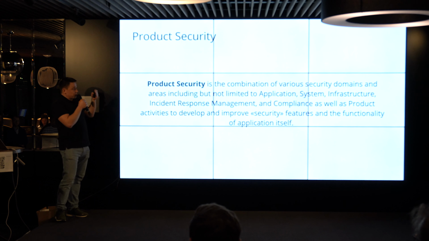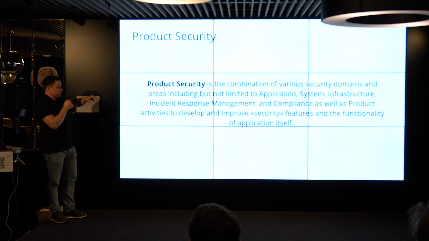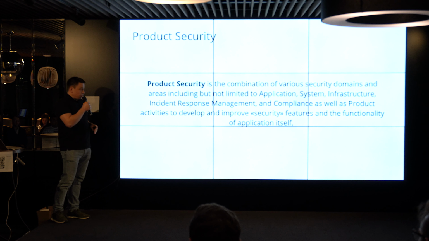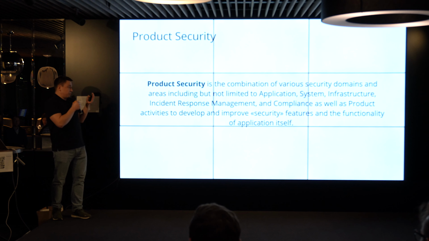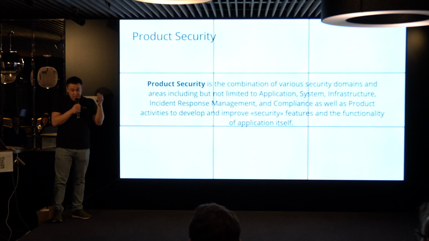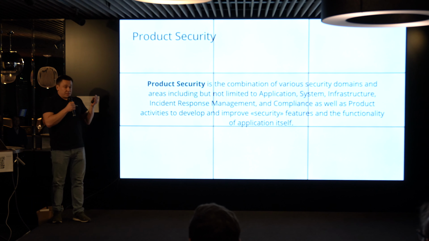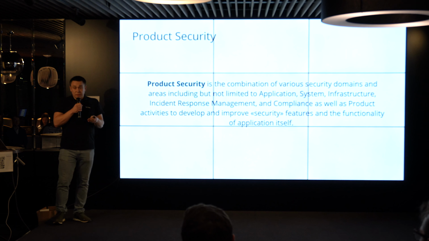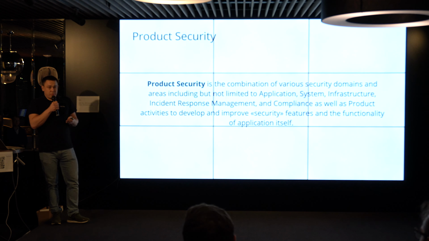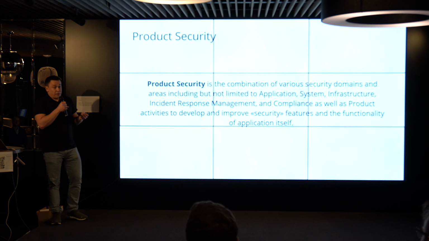So the weakest part of any of them could put the application of the company at serious security risk, and it could lead to data breach and as a result to financial losses.